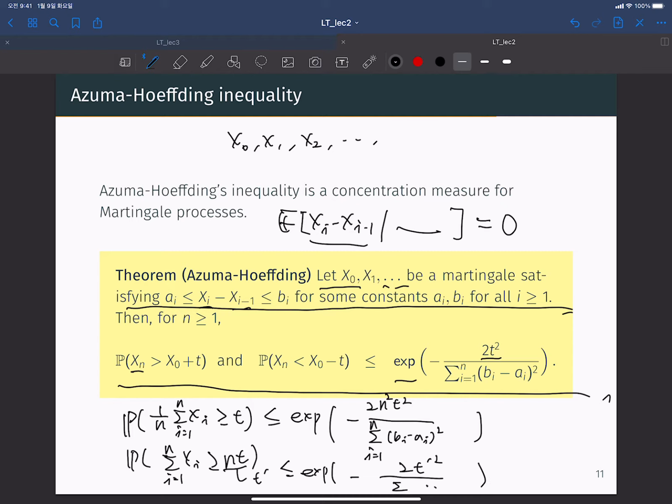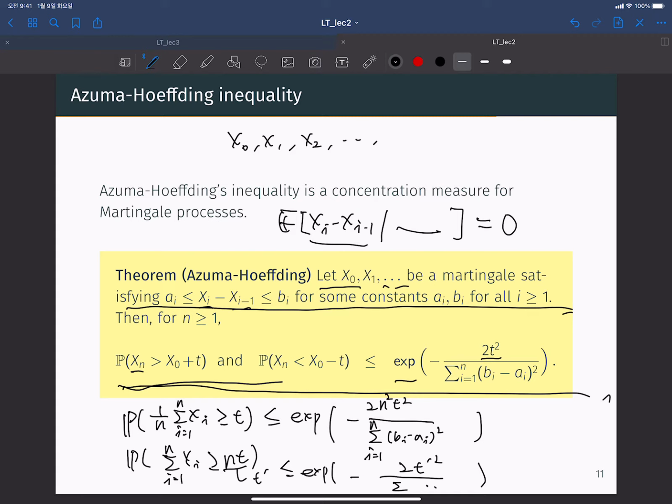So basically the same. Azuma Hoeffding's inequality has exactly the same shape as the Hoeffding's inequality result. So this is very good, right?